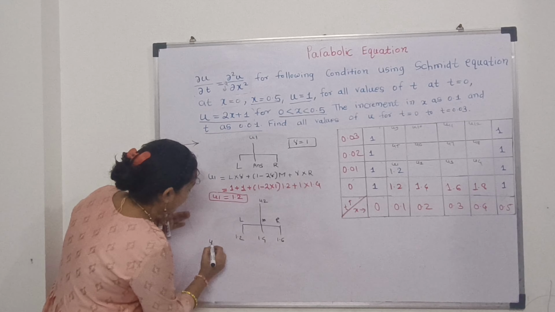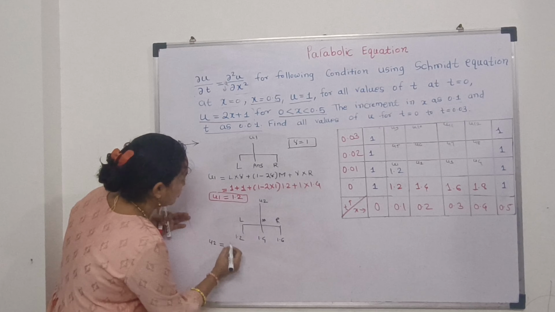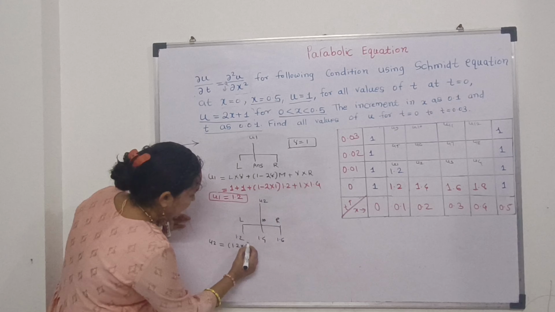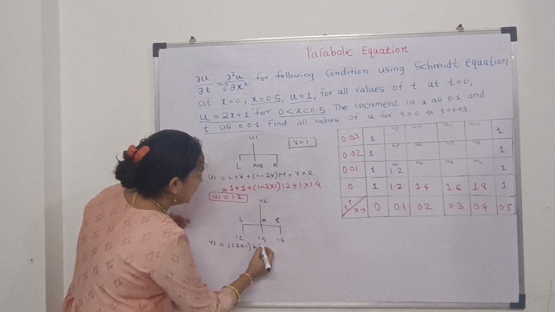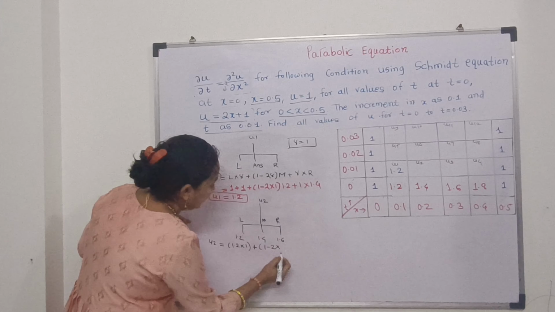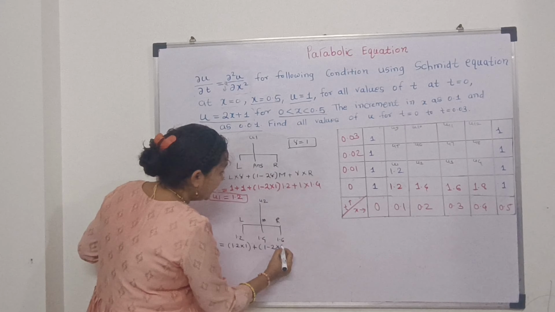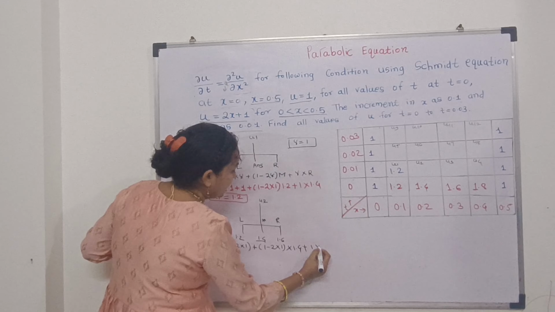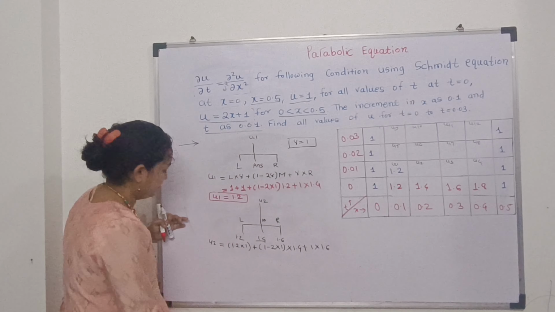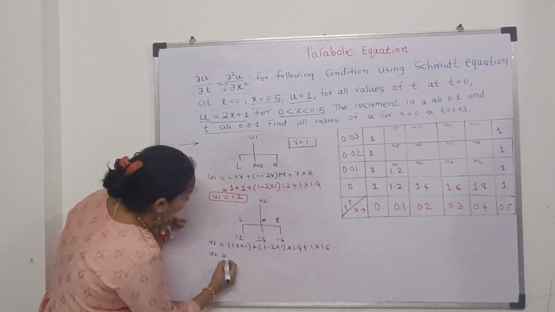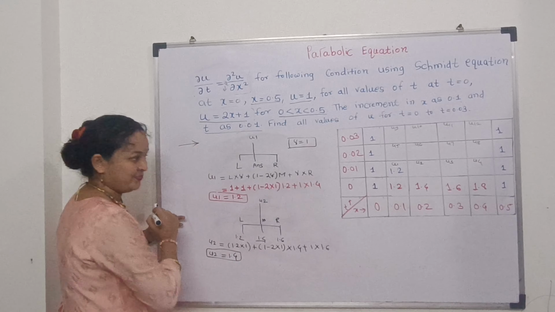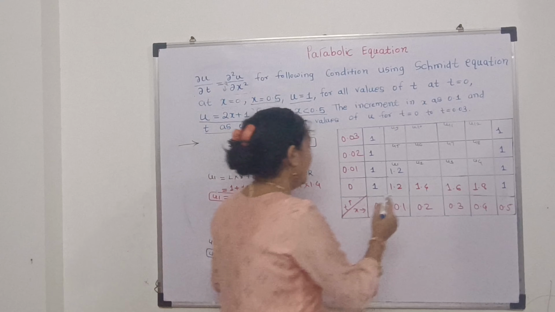So you can quickly calculate u2, that is equal to L, this value 1.2, multiplied by gamma, that is 1, into bracket 1 minus 2 multiplied by gamma, multiplied by the middle value 1.4, plus 1 multiplied by 1.6. If you calculate u2, you get the value 1.4. So you can note down this value.